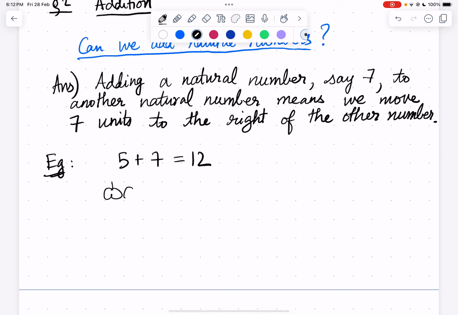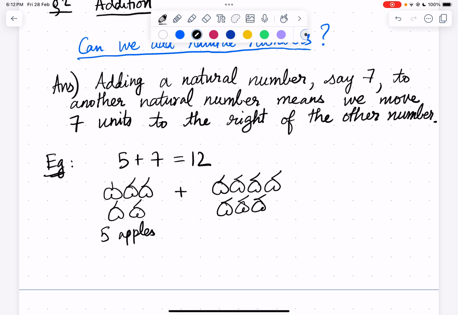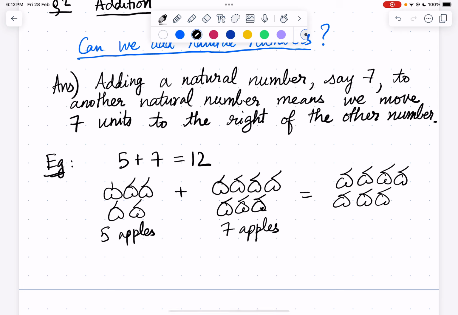You can think of it in terms of apples. 5 apples and 7 apples give a total of 12 apples.